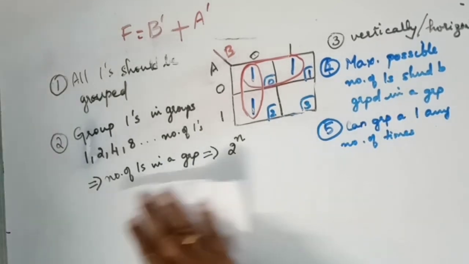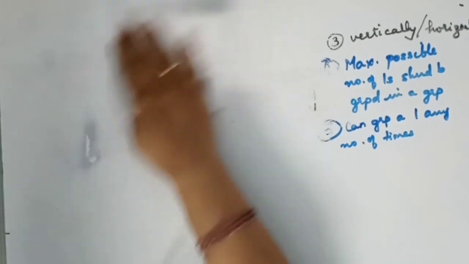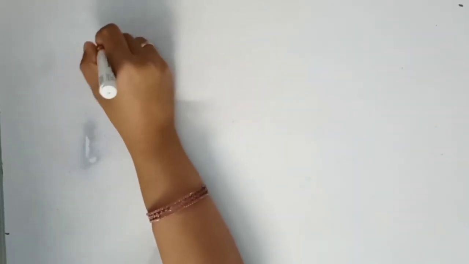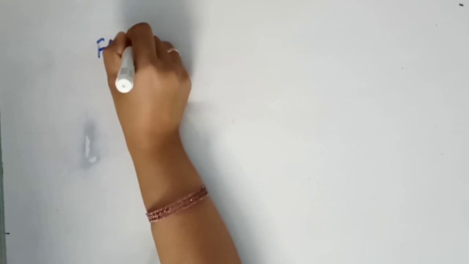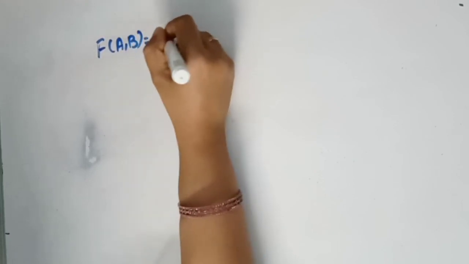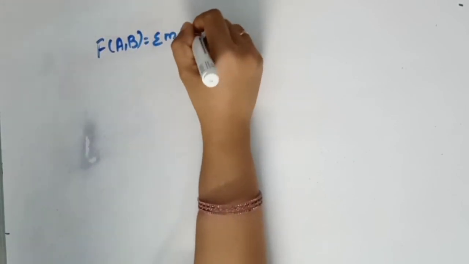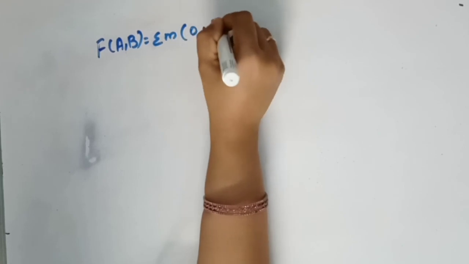So that is using two variables. Suppose we have function of AB equal to sigma m 0 to 3, say.